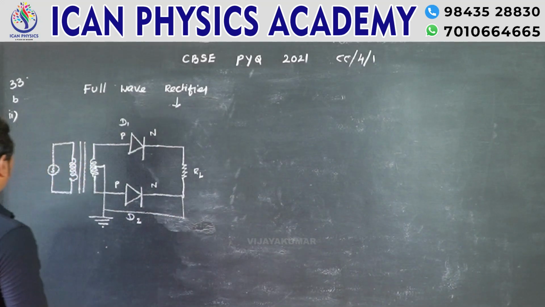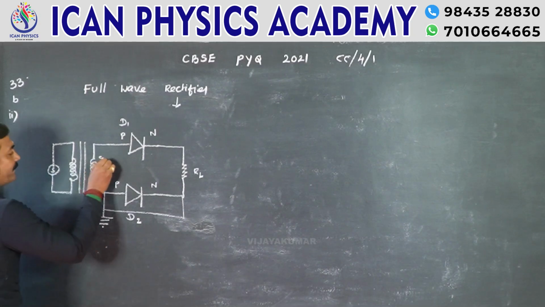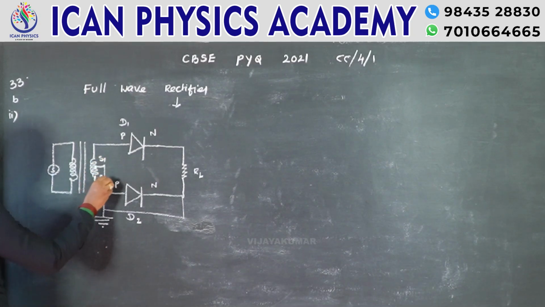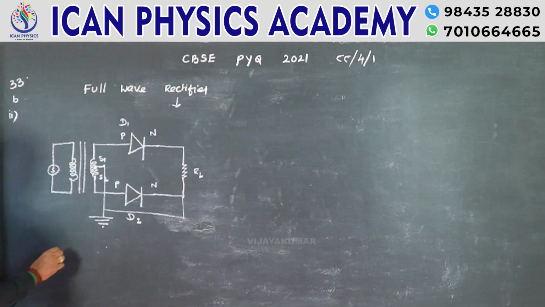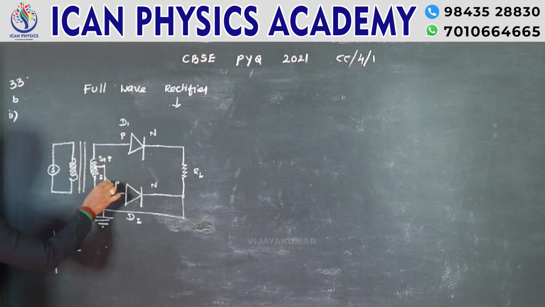No doubts. So when I give the primary voltage, it produces the secondary voltage in the secondary coil. Suppose the ends are S1 and S2. For the positive half cycle, S1 is positive and S2 is negative.